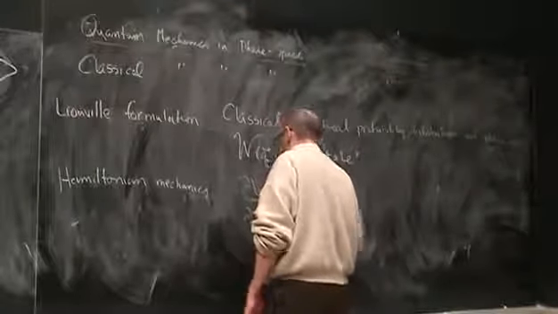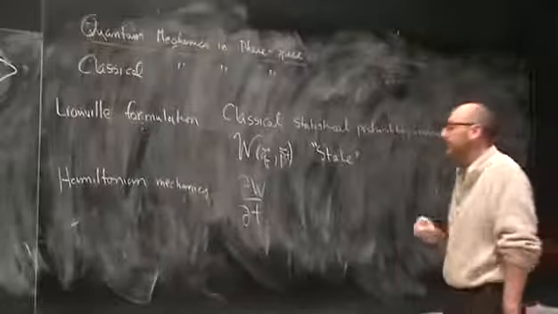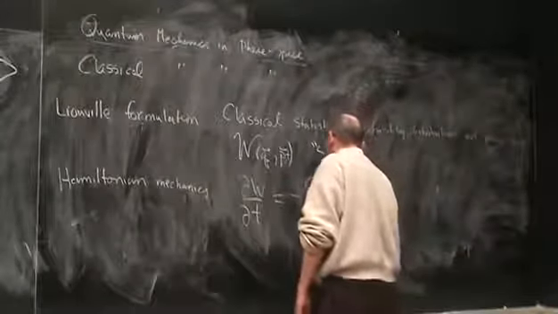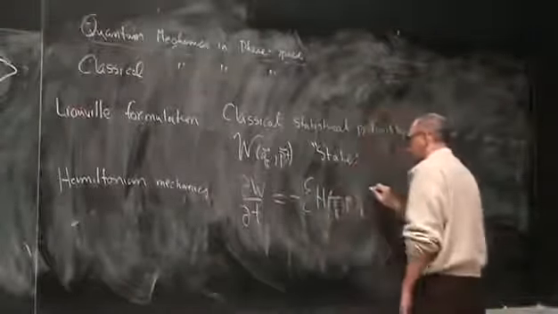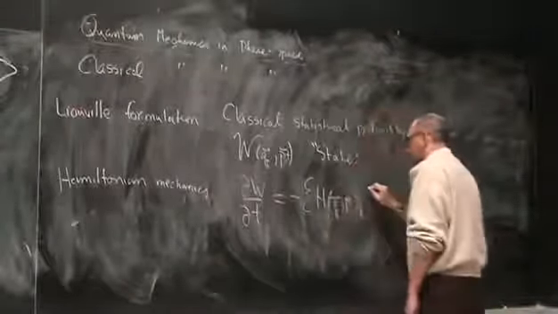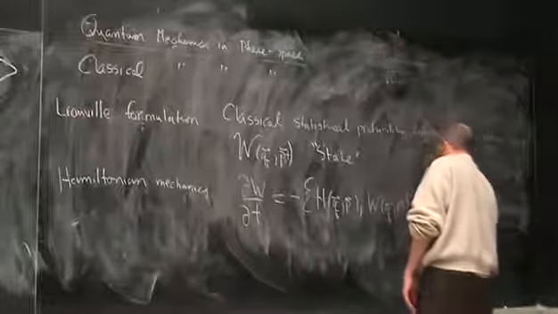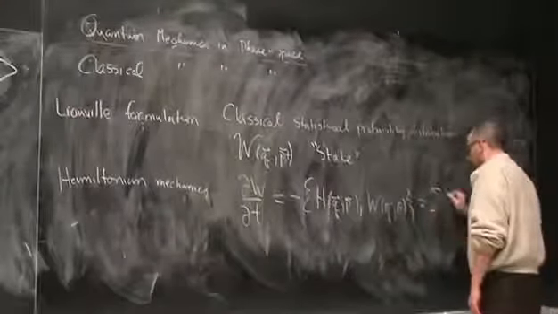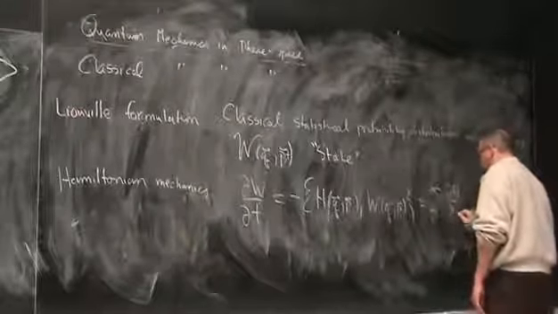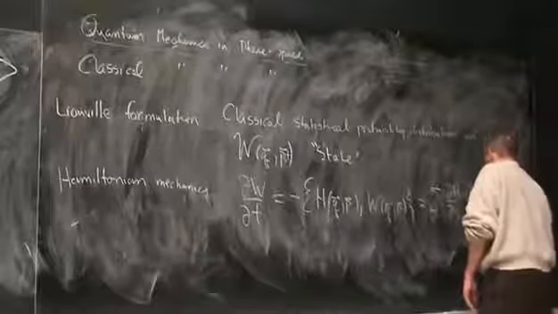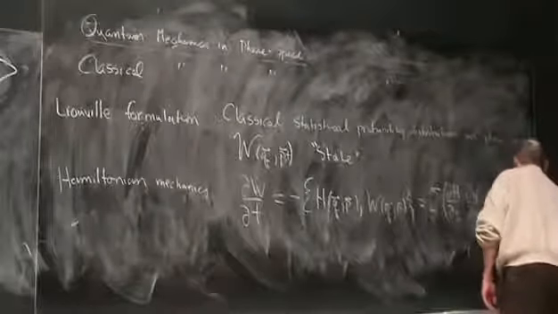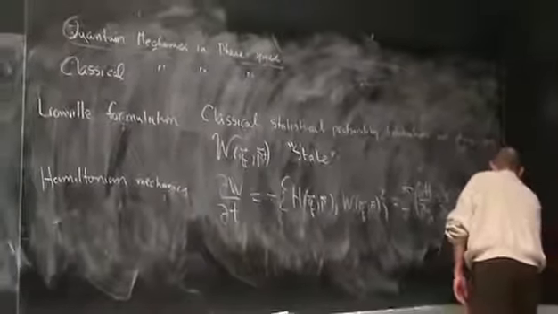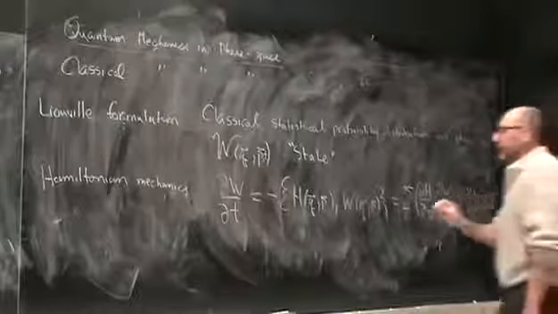The time evolution of the state, or the probability distribution of phase space, is equal to minus the Poisson bracket of H with the state, which is equal to the sum over all the canonical coordinates, the partial of H with respect to Q, partial of W with respect to P, minus the partial of H with respect to P, partial of W with respect to Q. That is known as the Liouville equation.